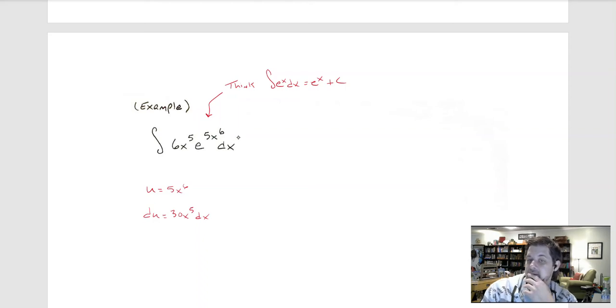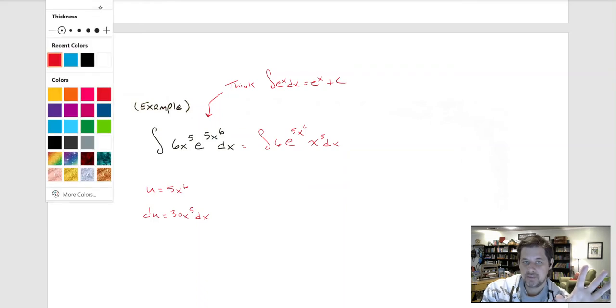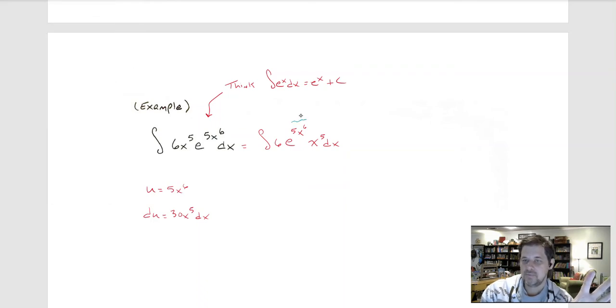That kind of looked like it might work. Okay. I'm not worried about the 6 because I can factor out constants. But let me rewrite this a little bit to show you that I think we're almost there. Just going to rearrange things just a little bit like that. And like everything's still there, I just rearranged it. So you can see that this part will be u, and then I'll see if I can get this part to be du.